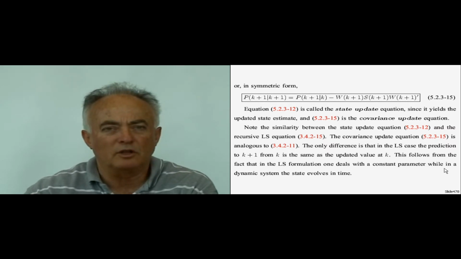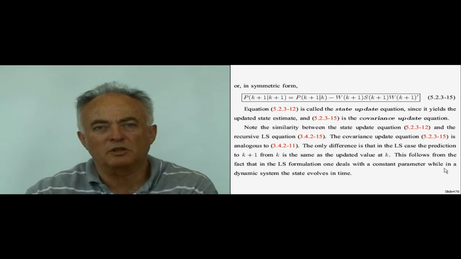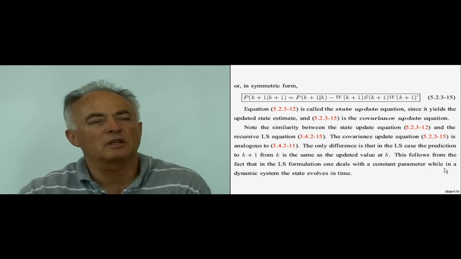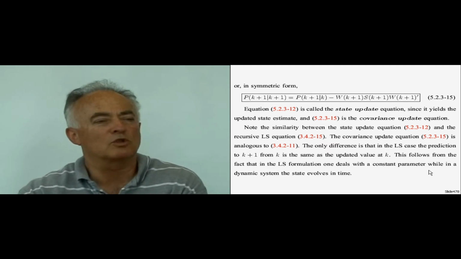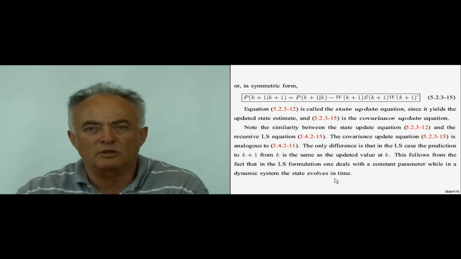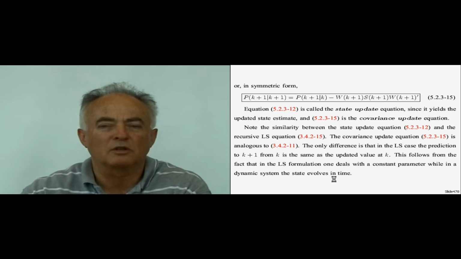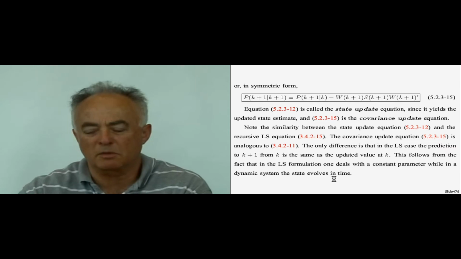Unlike in the dynamic case where the true state evolves, therefore there will be a change the state undergoes, which was not the case with the parameter that we were estimating in the static least squares problem. So there was no evolution in time. Now we do have evolution in time, and this is why the Kalman filter is a major step forward in using the same technique to a much more general situation than what the least squares was capable of.